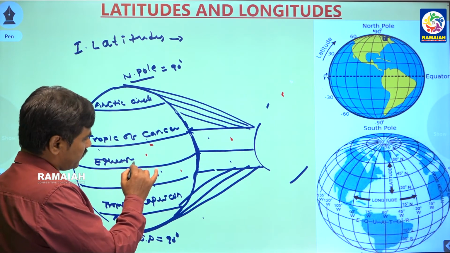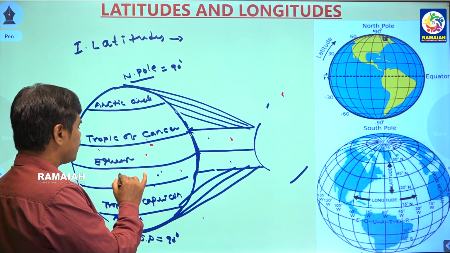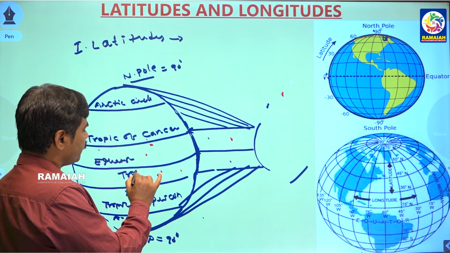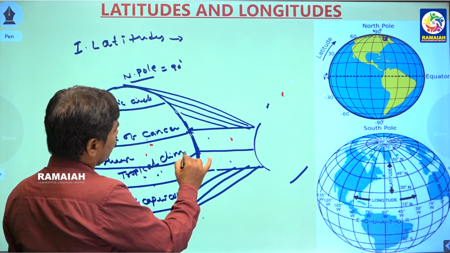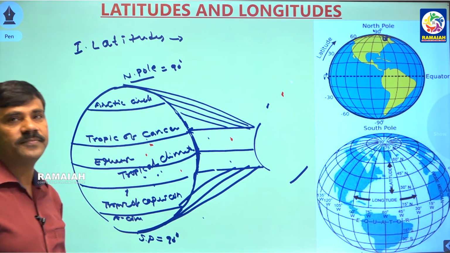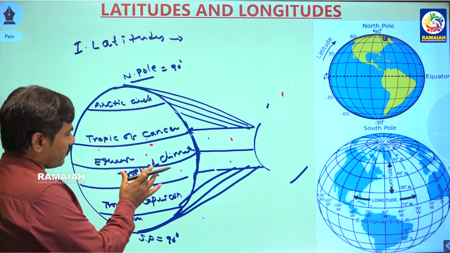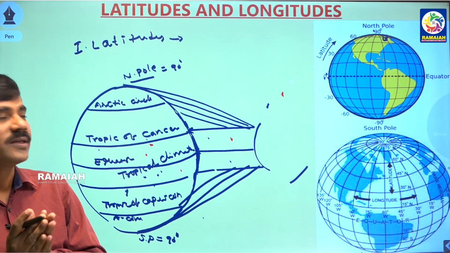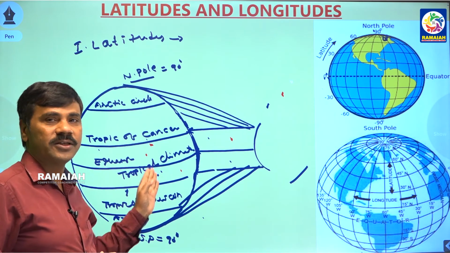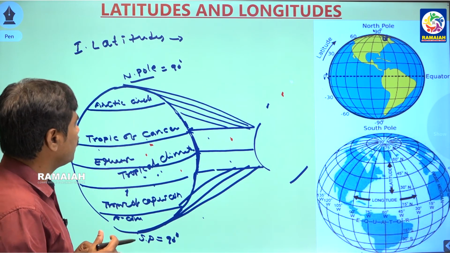That's why this region is called the tropical climatic region. Tropical climate means the hottest region, because it is very near to the sun.